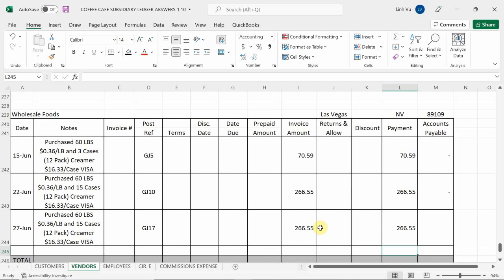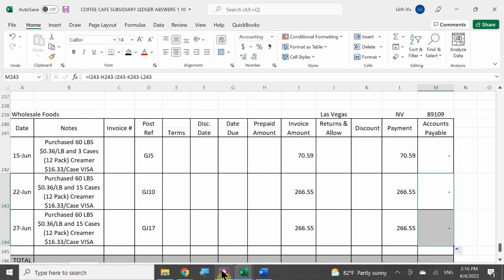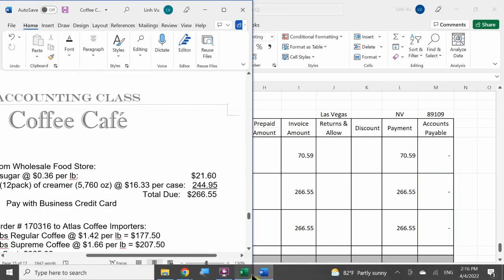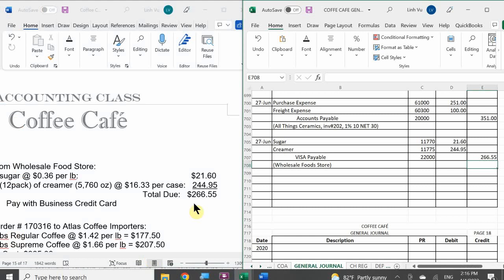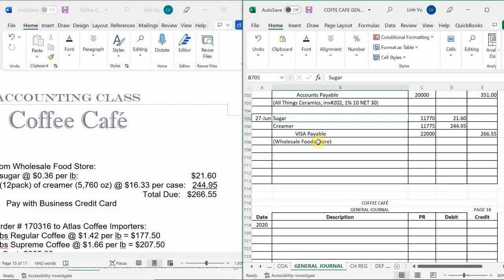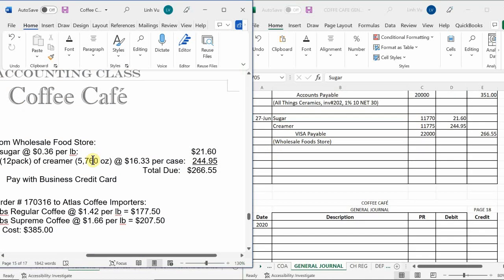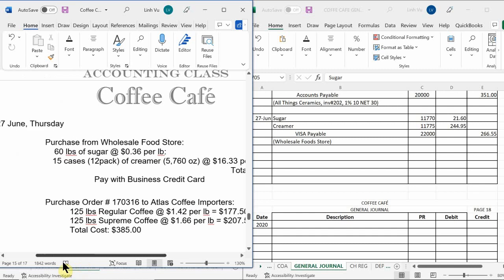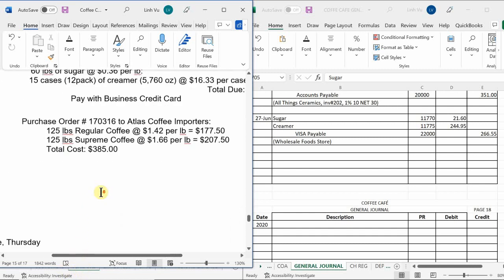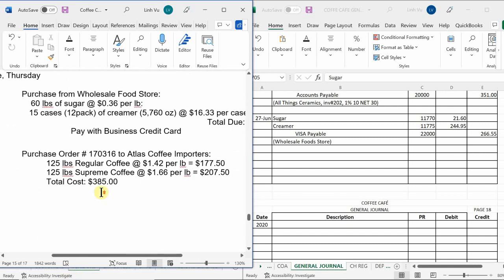So therefore, you should owe nothing to wholesale food store. Okay.